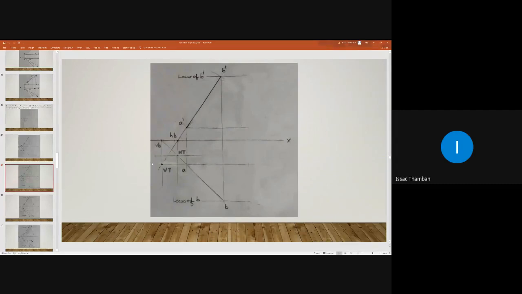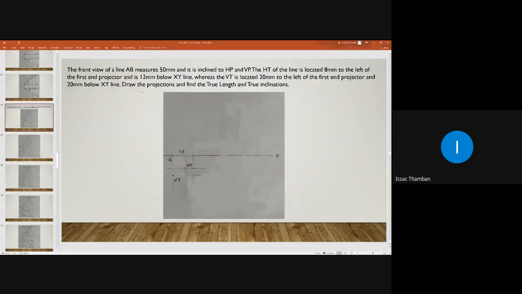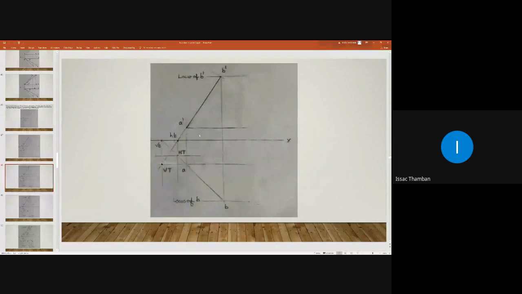Our next step is obtaining its true inclination and true length. Here you have to find the true length and the true inclination. Here line AB is inclined to HP and VP, so it will not reveal its true length in both plan and elevation. Now, first of all, let us find the true inclination of the line with respect to VP.